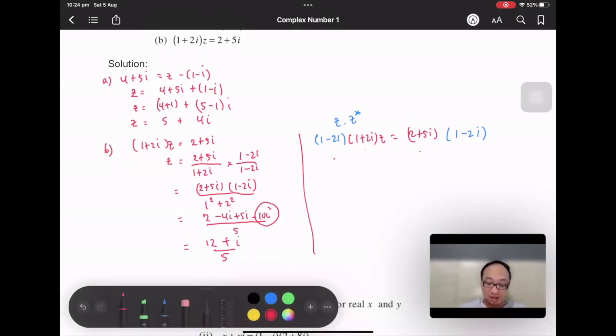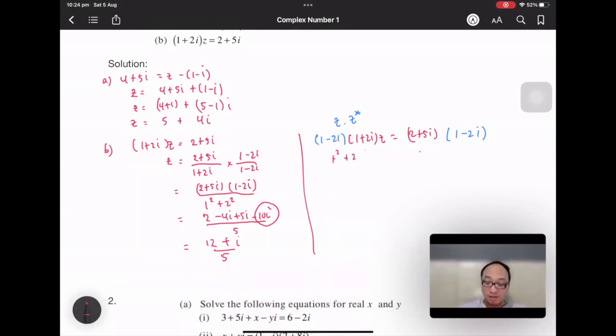So this will be 1 squared plus 2 squared times z equals 2 minus 4i plus 5i minus 10i squared. So 5z equals 2 plus 10, because this is 10i squared, plus i. So z equals 12 plus i over 5. The same result.